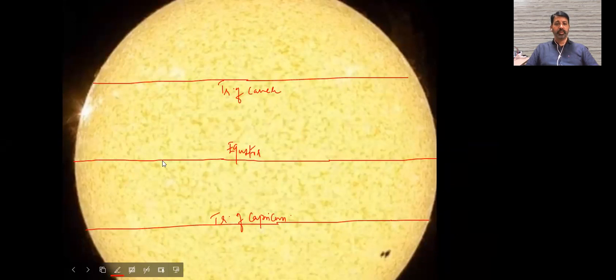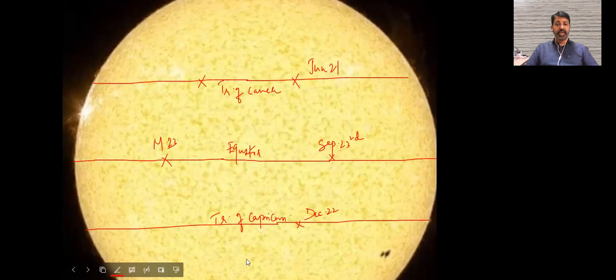So here what I told, the direct sunlight, the overhead sunlight, will be available exactly on March 23rd, and then September 23rd. Here it will reach on June 21st. Here it will reach on December 22nd.